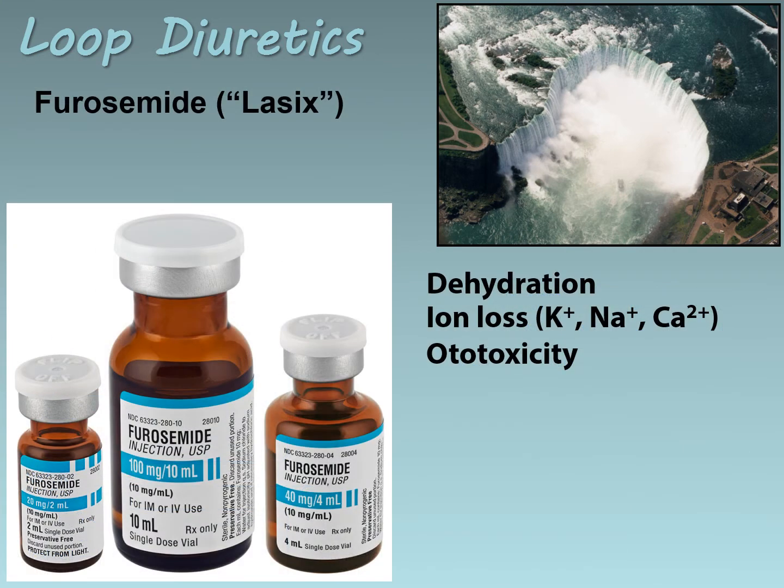Our poster child for the loop diuretics is one of the oldest ones. It's often just referred to as Lasix by its brand name, but its generic name is furosemide. Again, it blocks that sodium potassium chloride co-transporter, thus retaining water and ions in the renal tubule. The problem, though, is that if you block transport, you're going to lose it.